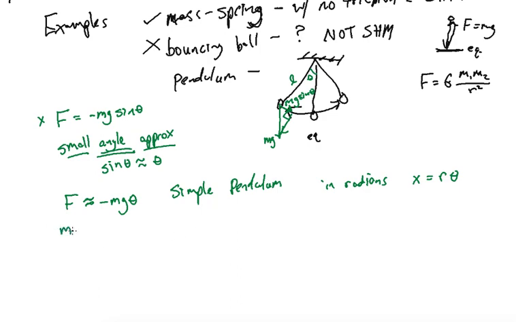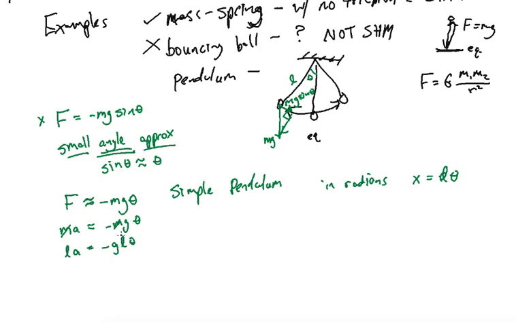So this would be ma is equal to negative mg theta. The m's would cancel. G theta, we can replace theta by multiplying both sides by the length of our pendulum L. So we get L a equals negative g L theta.